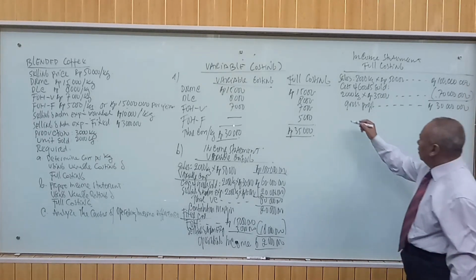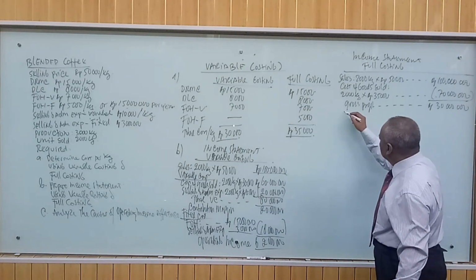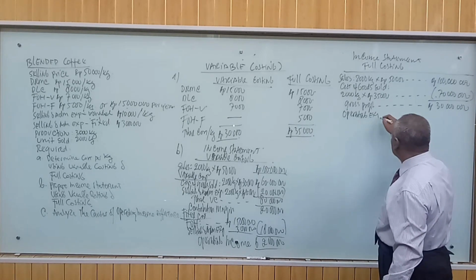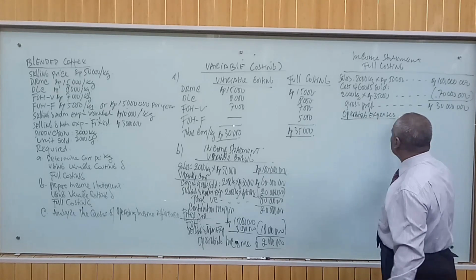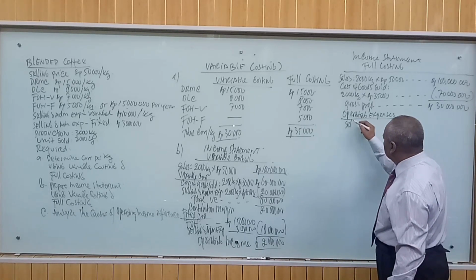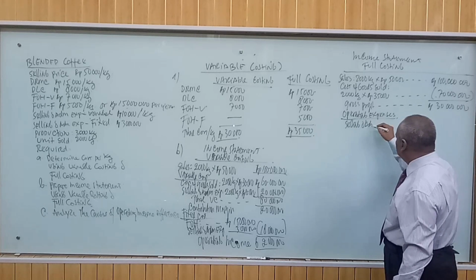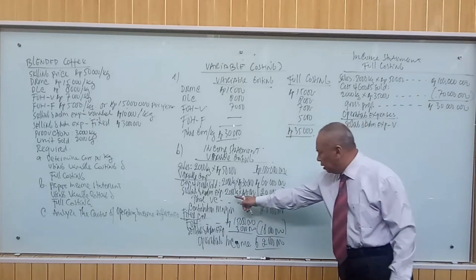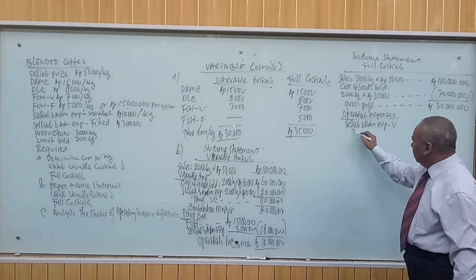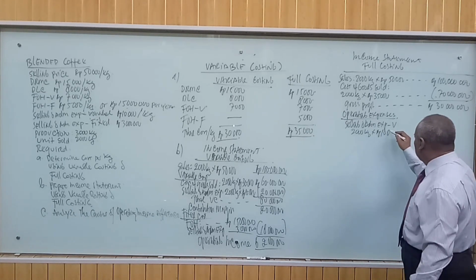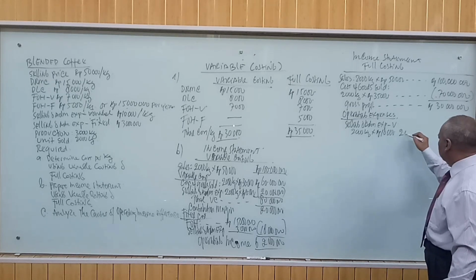And then we deduct operating expenses. Here we have variable selling and administrative expenses, which will be the same as before: 2,000 kg times 10,000 per kg, so 20 million.